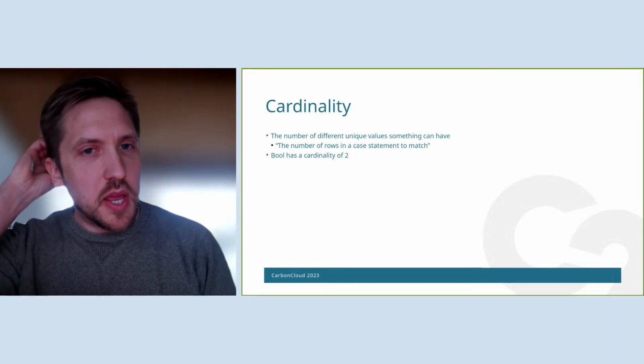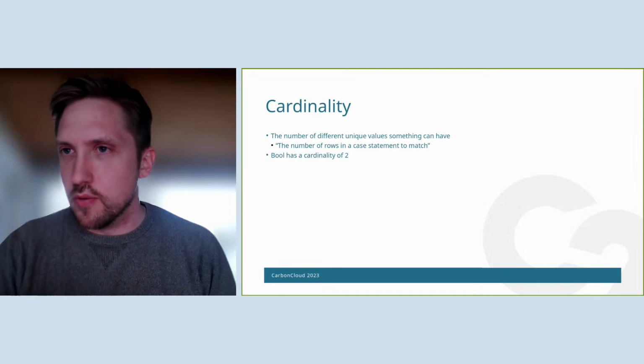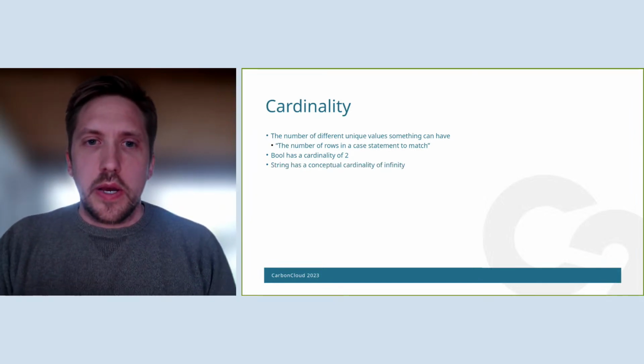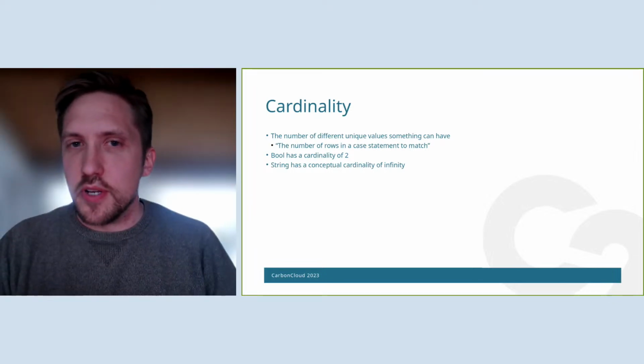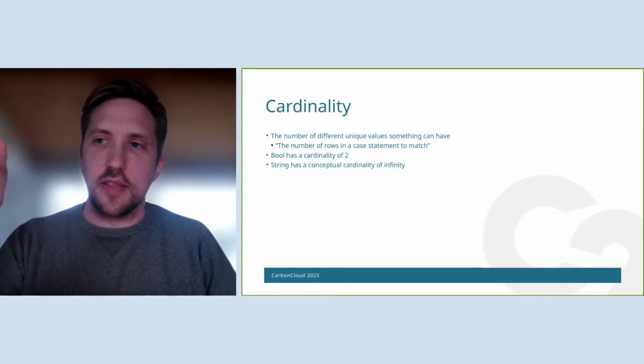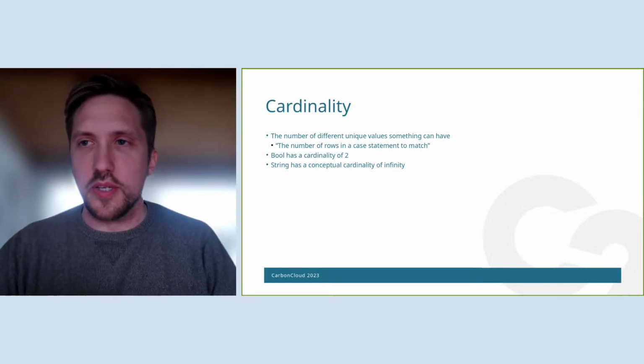So a Bool has a cardinality of 2, because it can be either true or false. There are no other values. And a String has a conceptually infinite cardinality, because you can always add another letter and continue, and all of those will be unique.